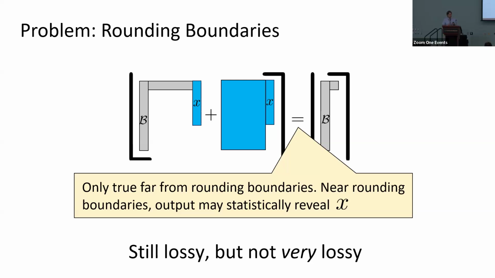Even if you're usually very far from a rounding boundary, there are a vast number of points, very sparse, but a vast number, that are very close to a rounding boundary. When you're close to a rounding boundary, the result of rounding will contain more information about your input, and you won't be as lossy as you hoped. It turns out you can still get some amount of lossiness, but you're not going to be truly independent of the input size.